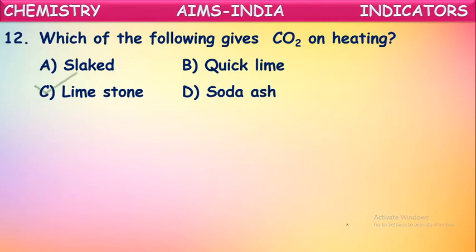Limestone represents calcium carbonate. So this calcium carbonate on heating splits into calcium oxide and carbon dioxide. So in this way, generally carbonates and bicarbonates give carbon dioxide gas on heating. So here limestone is one of the carbonates, so it gives carbon dioxide on heating.